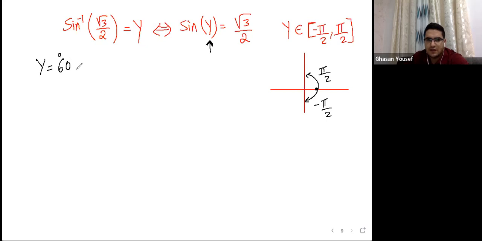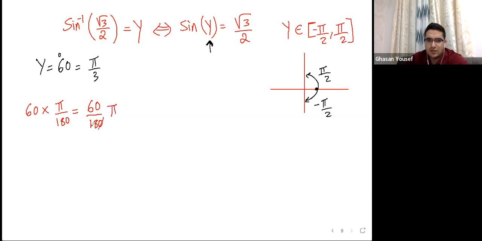degrees. But here the answer should be in radians. When you convert 60 to radians, it will be pi over what? Over 3. How do I know this? You multiply 60 by pi over 180, which equals 60 over 180 times pi.